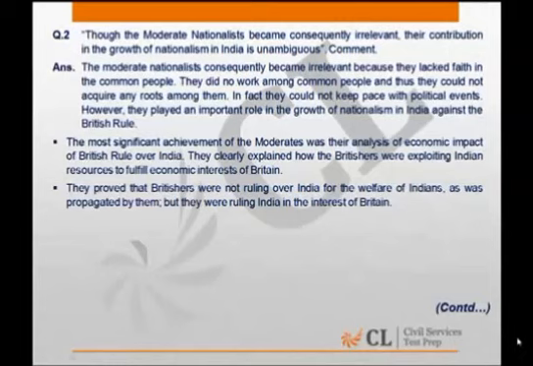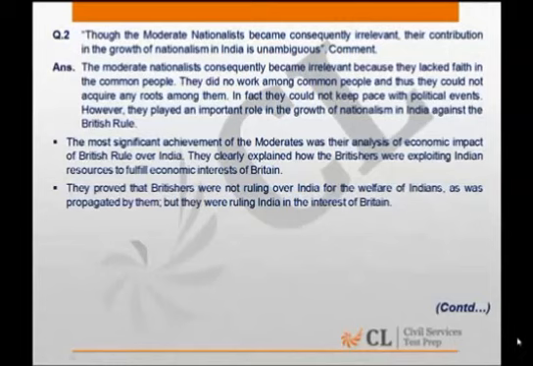After 1857, the national movement shifted from a region based to the nation level, and there was a national awakening, whether in the form of social reform, cultural reform, or educational reform. And all such activities got oriented towards the foundation of the Indian National Congress in 1885 by some nationalist leaders, though they were primarily liberal moderates.